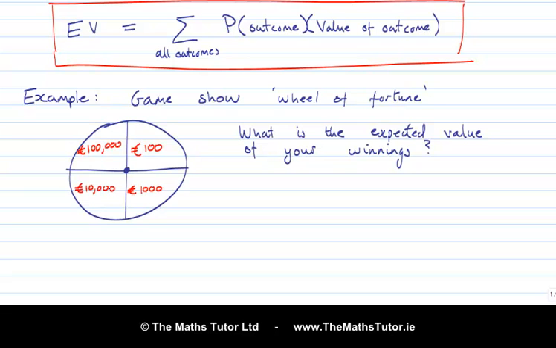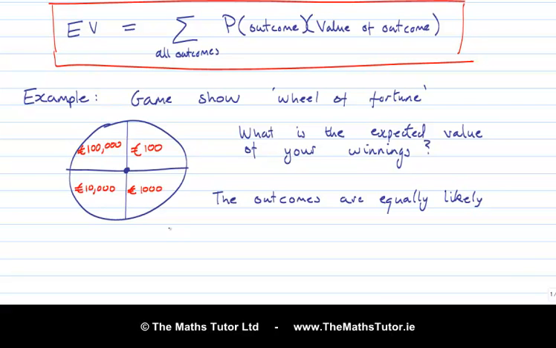Okay, so let's see if we can apply our expected value formula to work this out. So the first thing is that we want to work out the probability of the various outcomes. So now in this example, all the outcomes are equally likely. So since there are 4 possible outcomes, that means that the probability of each outcome is 1 over 4. Remember that when the outcomes are equally likely, the probability of each outcome is 1 divided by the total number of outcomes.